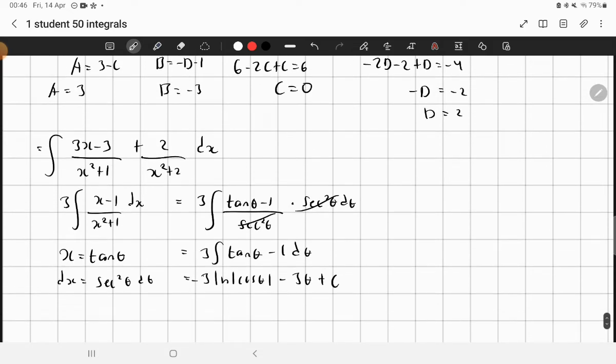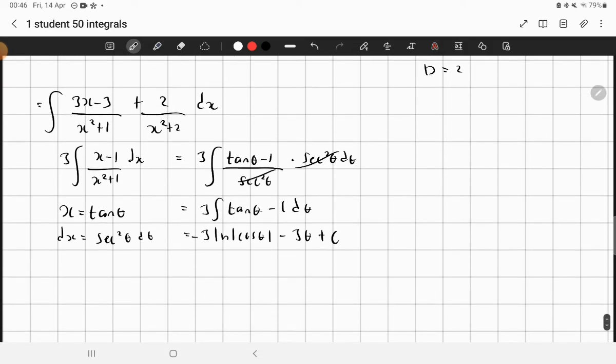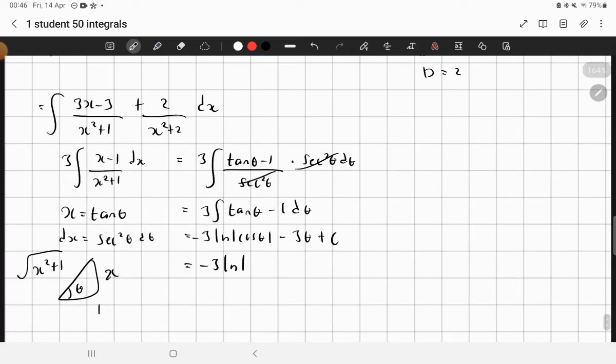So in other words, when I create my triangle for theta, the opposite side is x and the hypotenuse is the square root of x squared plus 1. So this means negative 3 ln of adjacent over hypotenuse. Well, if I bring the negative inside, then I'll have the following: 3 ln square root of x squared plus 1 minus 3 arctangent of x plus c.